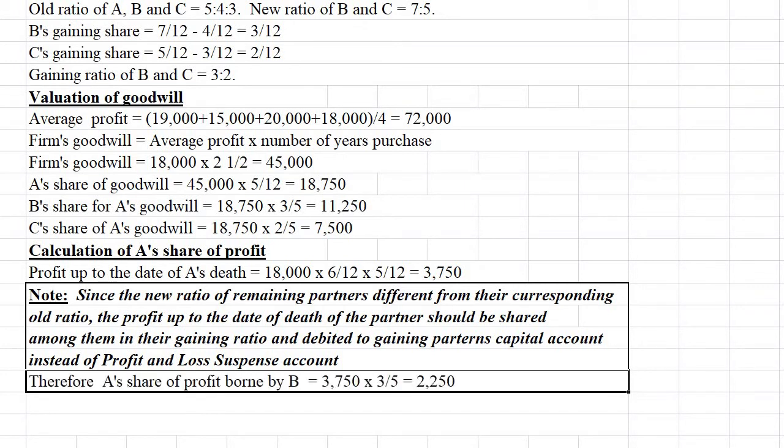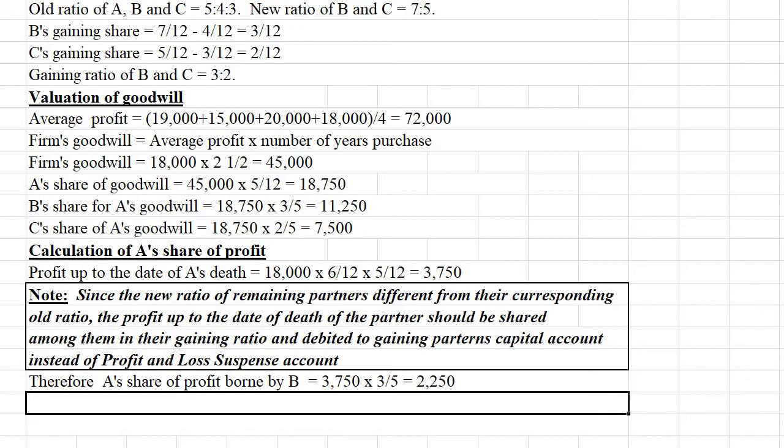A's share of profit borne by B, that means share of profit to be debited to B's capital, is 3,750 into 3 by 5. That is 2,250. Like that, for C, how much will be borne by C? That is 3,750 into 2 by 5.